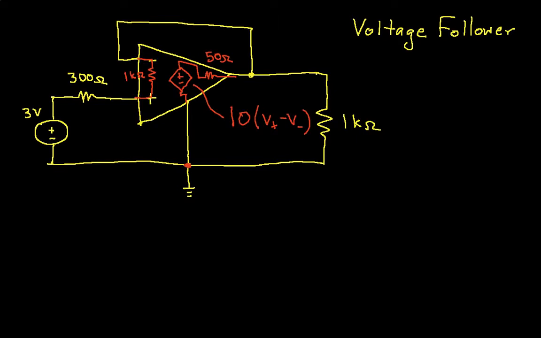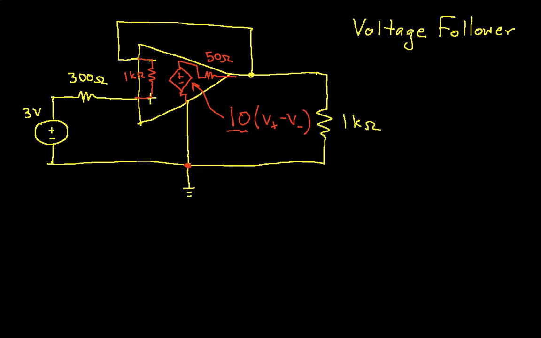Okay, so again, this is what you would call a really crummy op-amp. In real life, the gain is much larger and the input resistance is much larger. But the reason for doing this is that it will hopefully show you how the op-amp works, how feedback is involved, and so on.